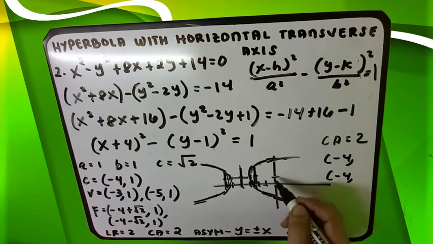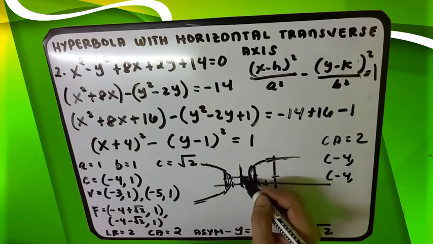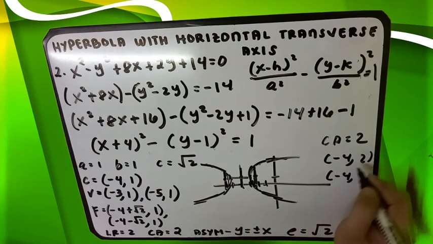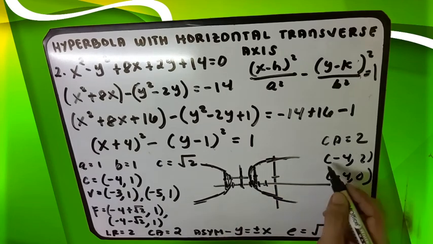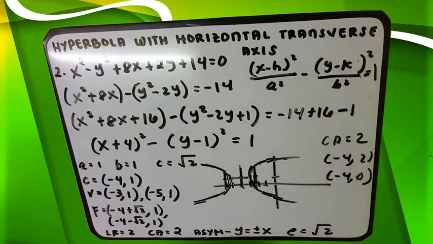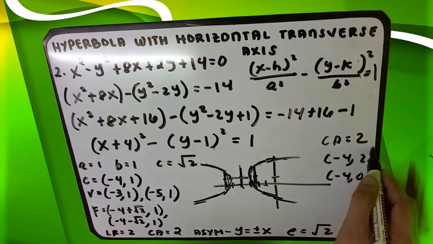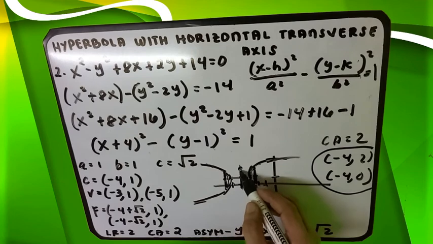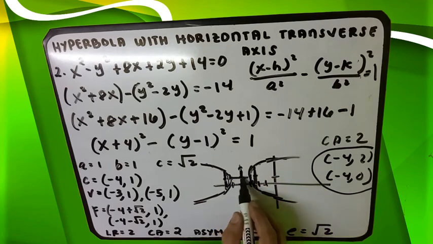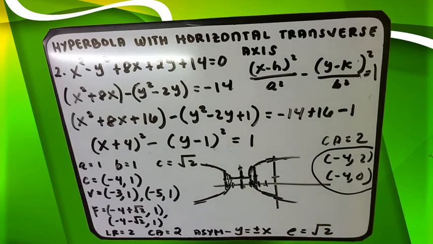Ang y-axis niya ay, kung ito ay 1, 2. Yung isa naman ay, kung ito ay 1, sa baba ay 0. So ito ngayon yung endpoints ng conjugate axis.